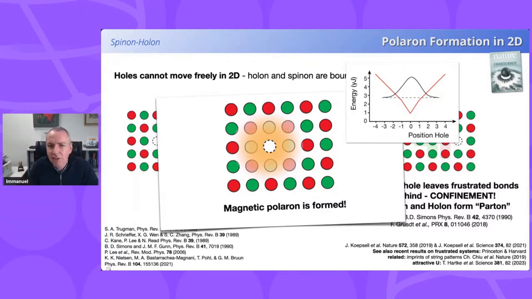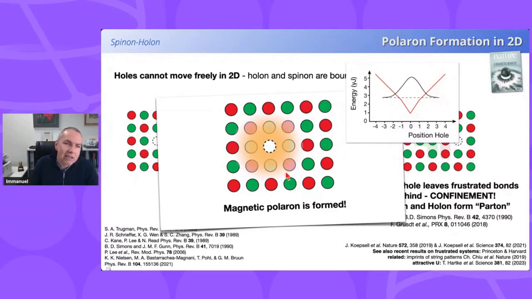And that's actually very similar to what we know in physics, what occurs in nuclear physics. That's exactly the effect of confinement that gives rise to mesons, for example, in high energy physics, our elementary particles. So we expect the same thing to happen here, a new elementary particle to occur in our electron cloud.